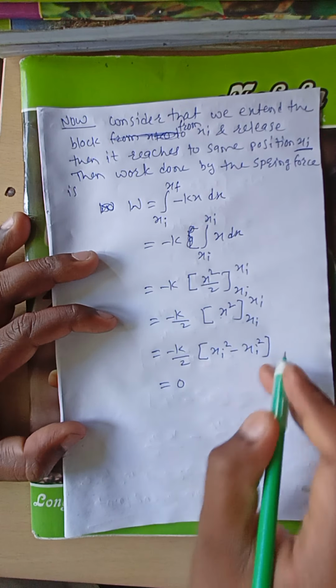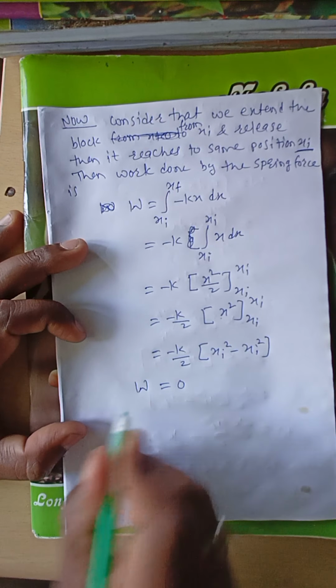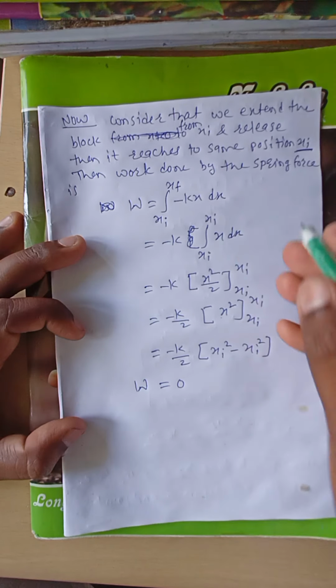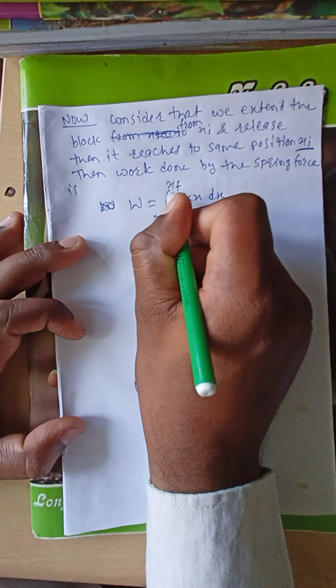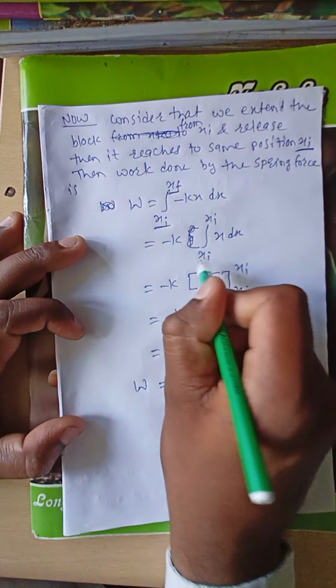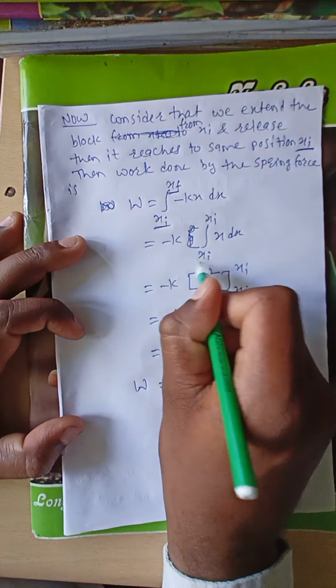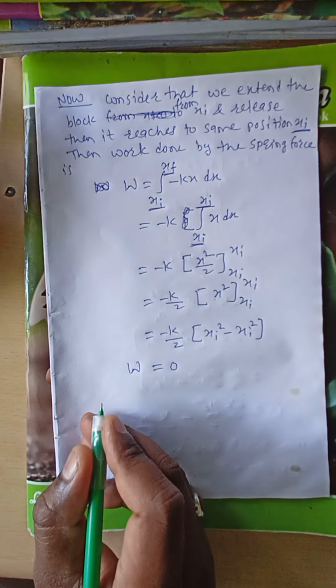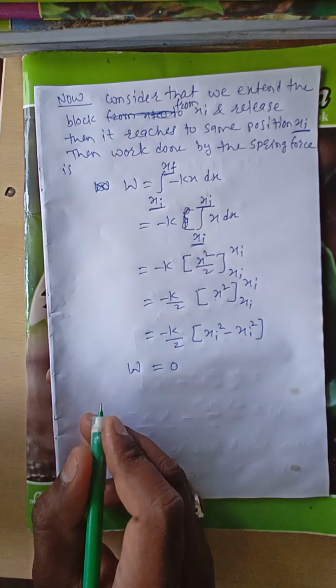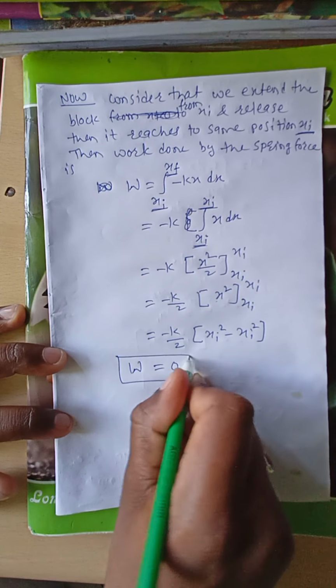Therefore minus k by 2 into 0 is 0. When the initial point and final point are the same, the work done is 0. Work done in a closed path is 0. Work done by a spring force in a closed path is 0.